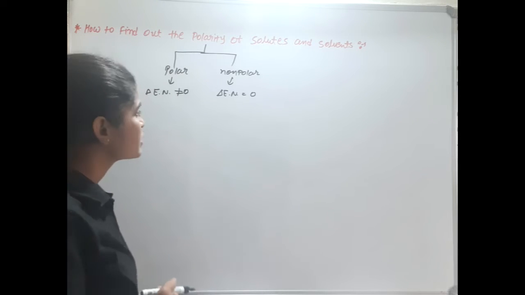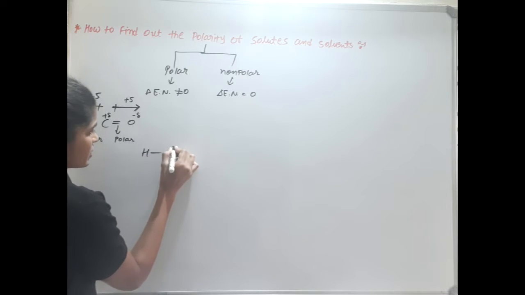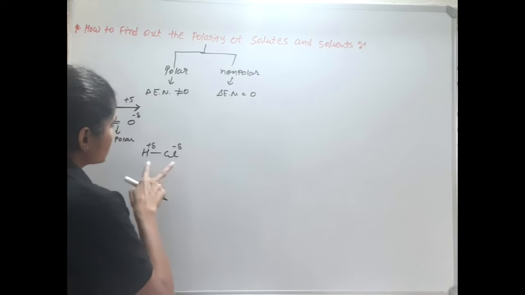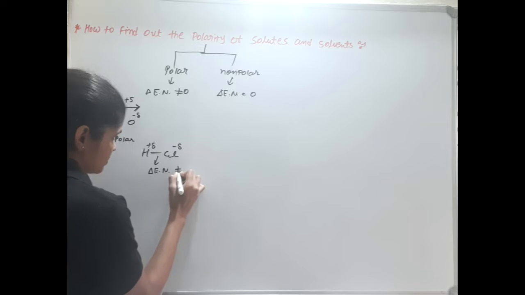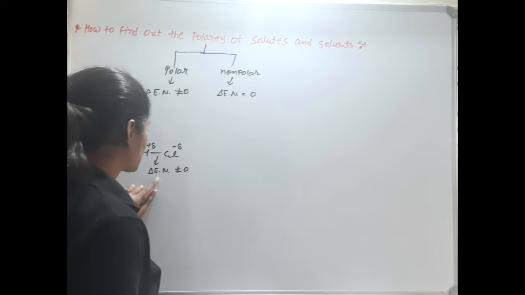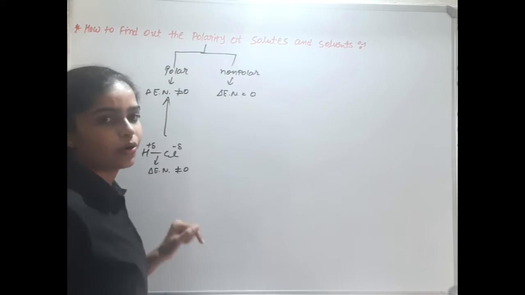For example, consider HCl. In HCl, chlorine has a partial minus charge and hydrogen has a partial plus charge. So an electronegativity difference is present, meaning delta electronegativity is not equal to 0. That's why this is polar.